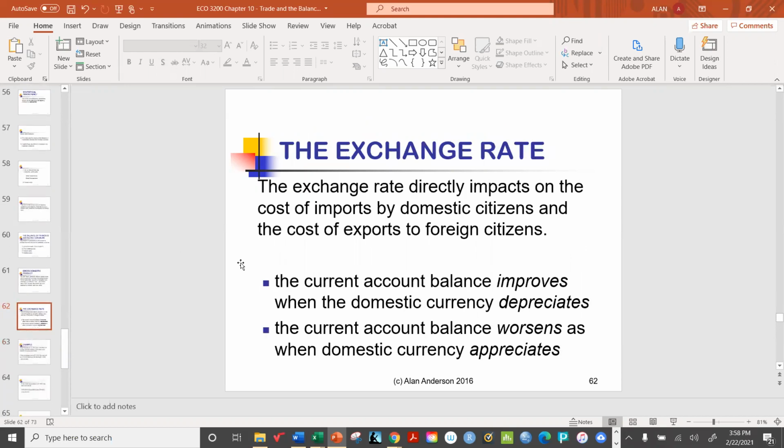In a nutshell, the exchange rate, we're going to spend a lot of time discussing this, but when the dollar gets weaker, that actually helps the current account balance because the merchandise that we're selling is cheaper in foreign countries. On the other hand, when the dollar gets stronger, the opposite happens. So a stronger dollar, again, sounds like a great development, but in terms of our trade deficit, it's actually not good at all.